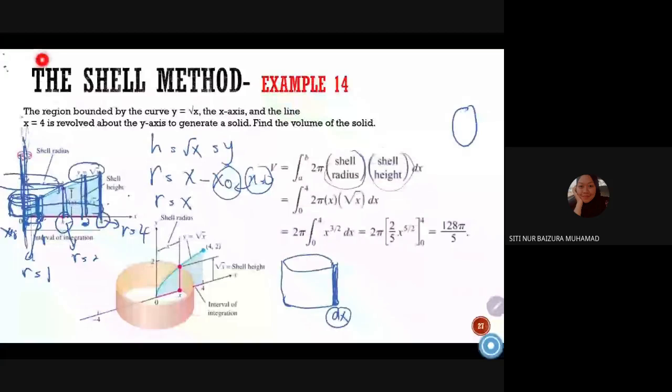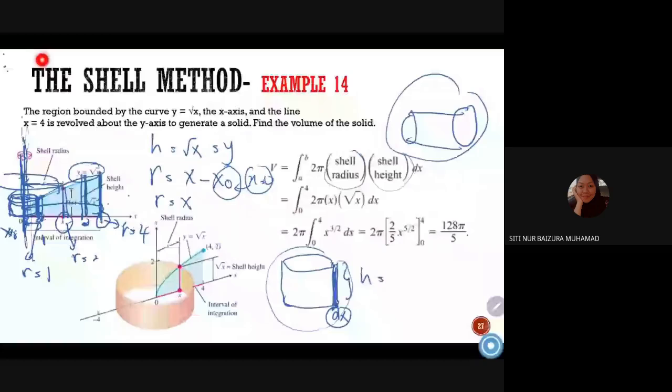Kita akan dapat two types of cylinder class. Sama ada horizontal cylinder like this or vertical cylinder. So kalau vertical cylinder, thickness dia adalah dx and h dia sama dengan y, whatever function of f(x). And radius dia respect to normally x, kalau axis of rotation dia tu along the y-axis. Tapi kalau horizontal punya cylinder, it's the other way round.